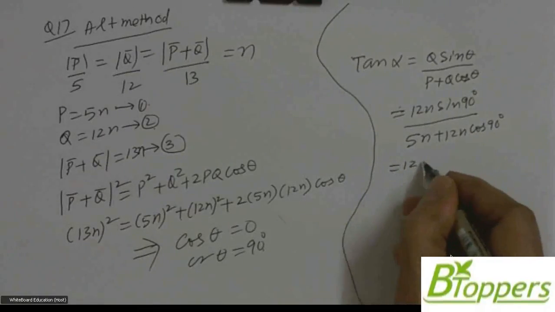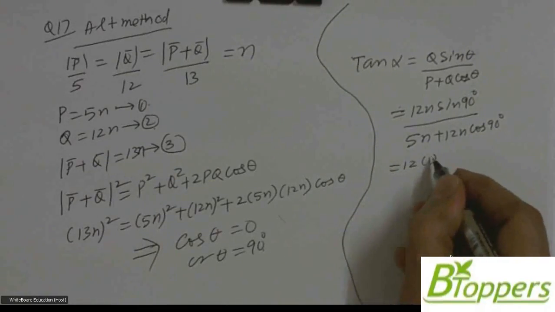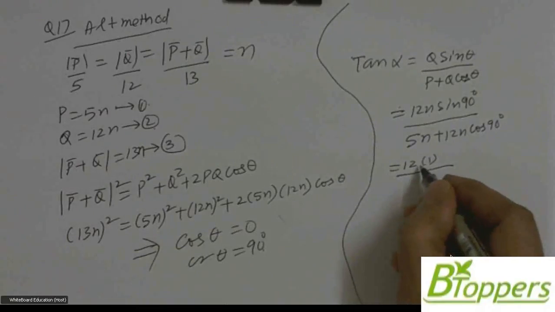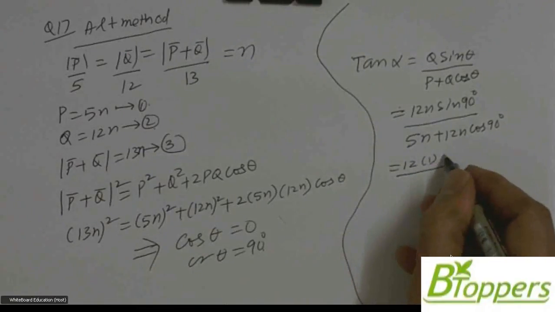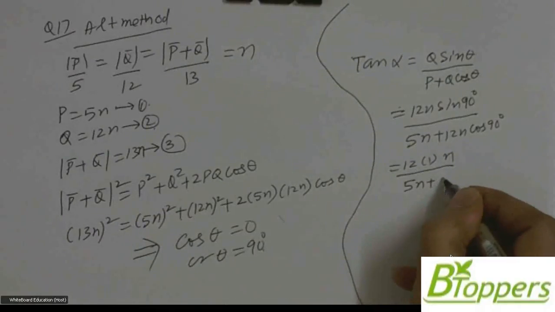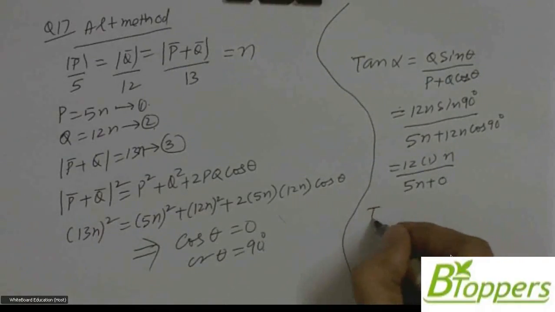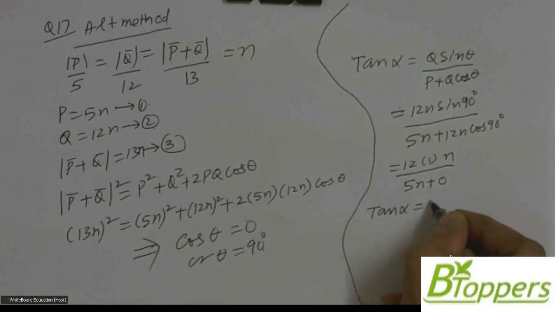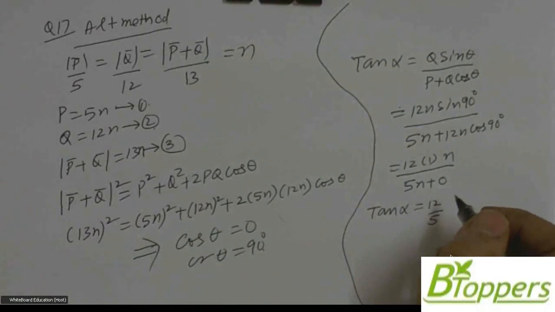So sin 90 degrees equal to 1, cos 90 degrees is 0. So you get tan alpha equal to 12 by 5.